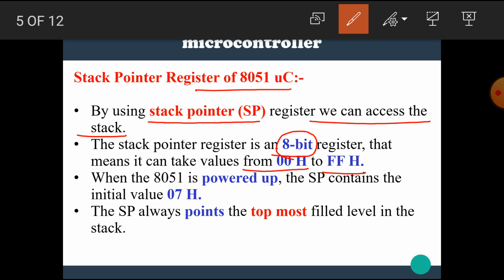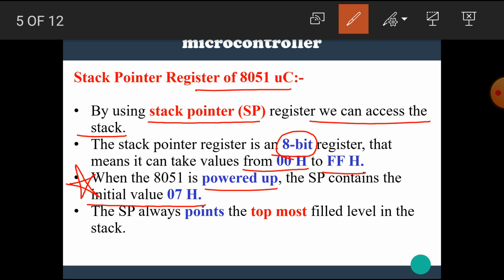When the 8051 microcontroller is powered up, the stack pointer contains the initial value 07H. This is a very important statement: after reset or power up, all the registers in the 8051 microcontroller have the value 00H in them.